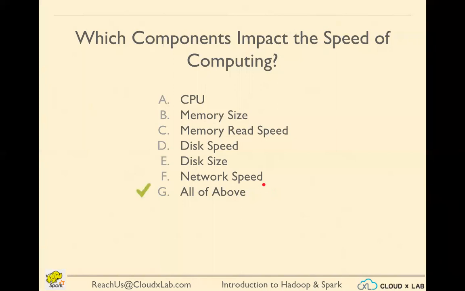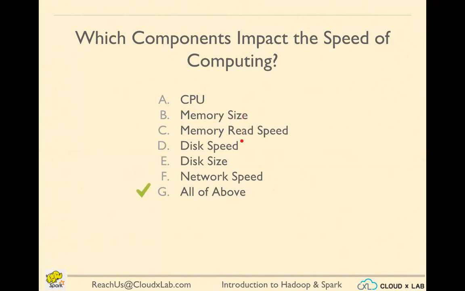A general tendency is to think that the speed of computing is only impacted by the CPU. That has been sold to us by companies who build CPUs, that the computer is all about the CPU. No, you will be amazed to know that in the case of a website like Wikipedia, the memory size was the first bottleneck.